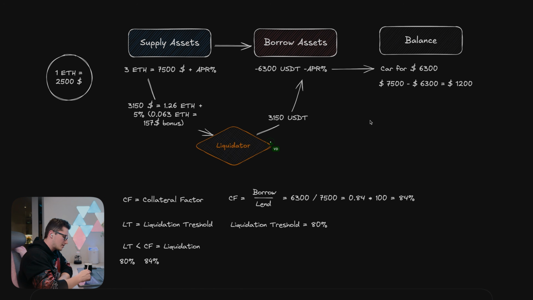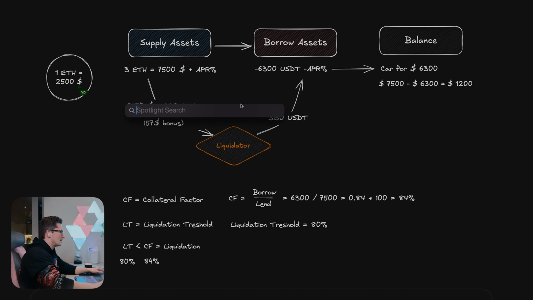Then, because he repaid the debt, he is able to take an equal part from your collateral, plus 5% of liquidation bonus. For example, it's 5% of liquidation bonus here. The same amount that he repaid, he is able to take from your collateral, which is equal to 1.26 ETH, because the price of ETH is 2,500, and you can also easily calculate it here.